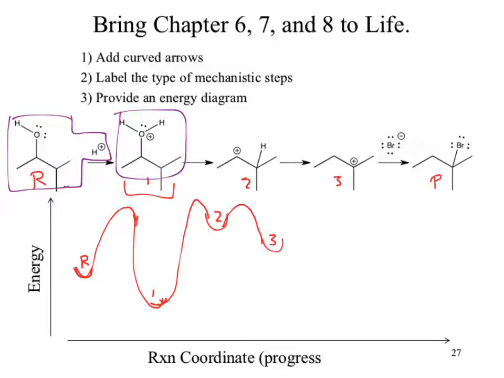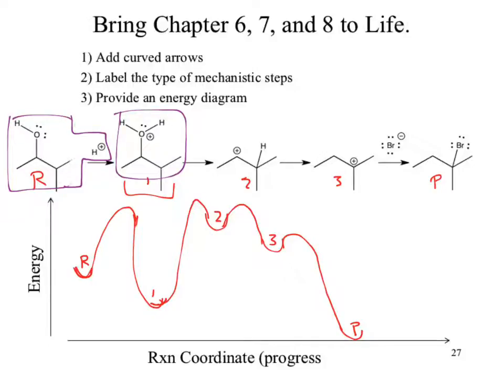Lower than 1? Why? It's not an octet. Probably charged, which then also means, by definition, lower in energy than our reactant. And our product is very likely to be the lowest energy thing. Within this, what I expect you to be able to do is look at each of those relationships and say, this should be higher than this, lower than this.